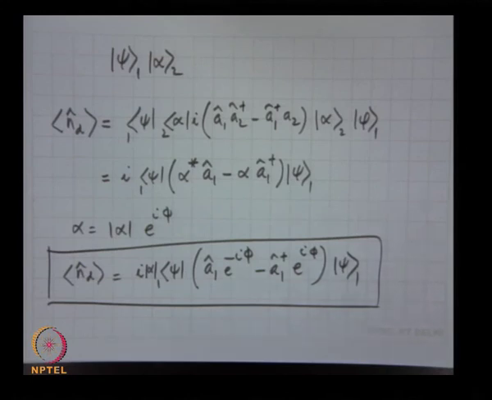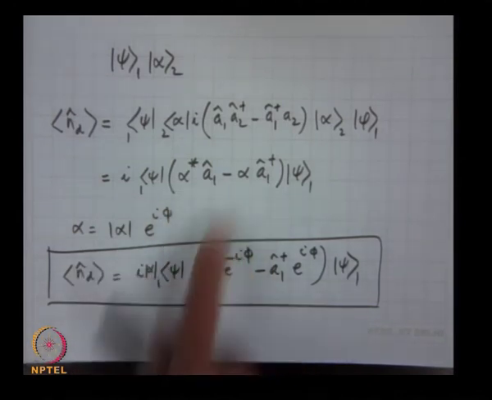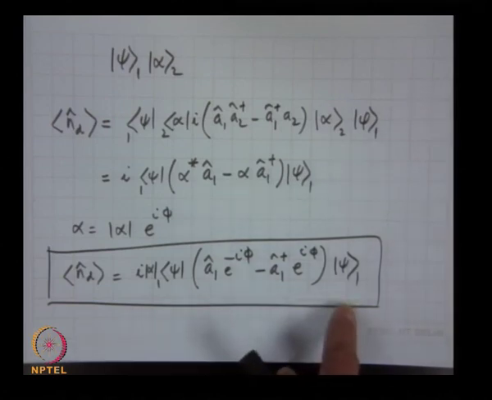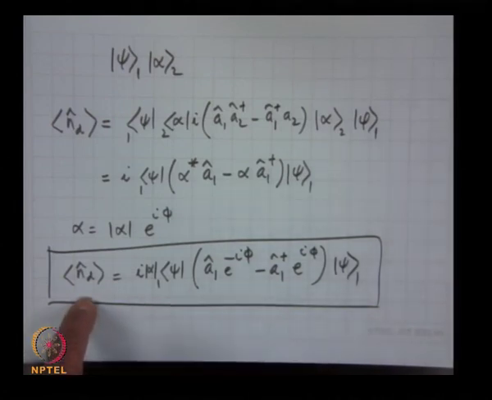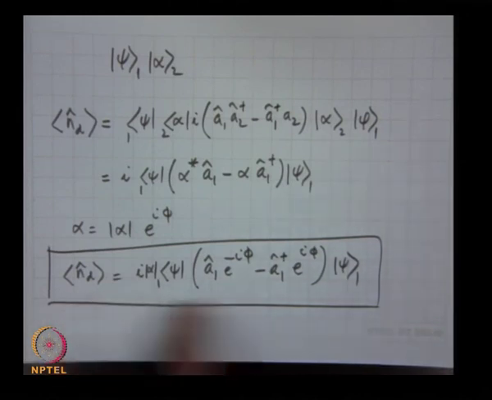I assume that alpha is a complex number with a phase phi and modulus mod alpha. So alpha star is mod alpha exponential minus i phi, alpha is mod alpha exponential i phi, and so the expectation value of the difference in the signals detected by D3 and D4 is given by this.